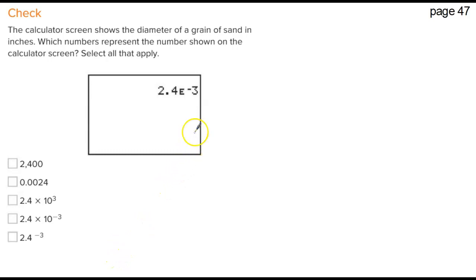Here's the check. The calculator screen shows the diameter of a grain of sand in inches. Which numbers represent the numbers shown on the calculator screen? This would be 2.4 times 10 to the -3. Which one says 2.4 times 10 to the -3? That one. Now, what about these other ones? Are any of these equal to this? Well, what would be the standard form on this one?